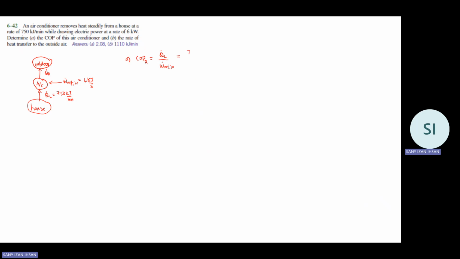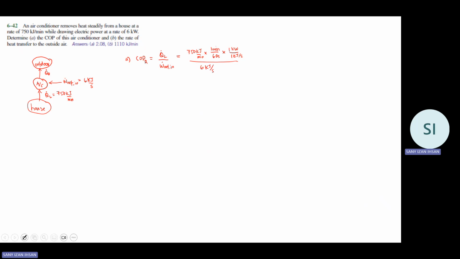Q dot L is 750 kilojoule per minute. And let's be consistent in terms of the unit. So 1 minute is nothing but 60 seconds. And we want to convert to kilowatt. We know that 1 kilowatt is nothing but 1 kilojoule per second. And then work net in is nothing but 6 kilojoule per second. All right, or kilowatt, doesn't really matter.